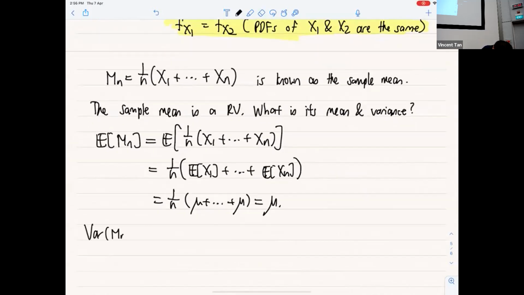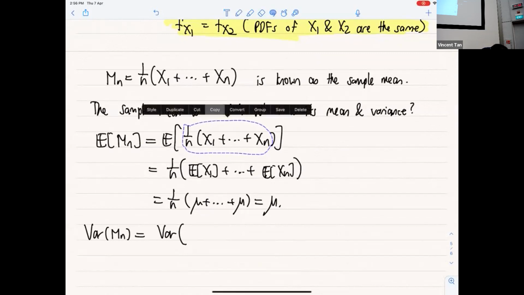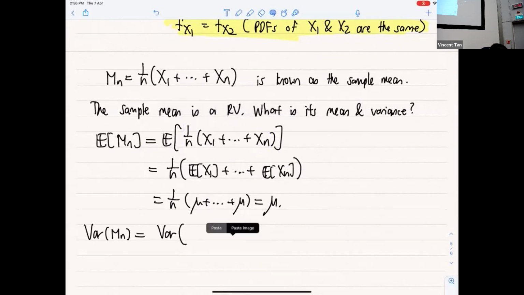What about the variance of the sample mean? The sample mean is a random variable, so we can compute the variance. By the same token, we have the variance of this guy here. There's a factor of 1 over n. Can we bring it outside? What do we have to do to compensate to bring it outside? Yes, 1 over n squared.